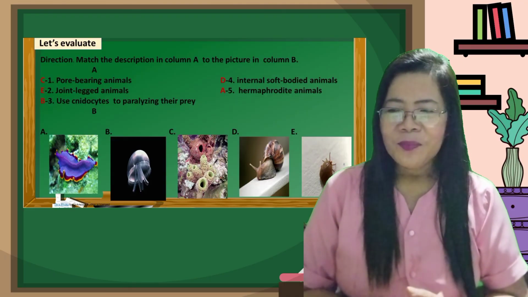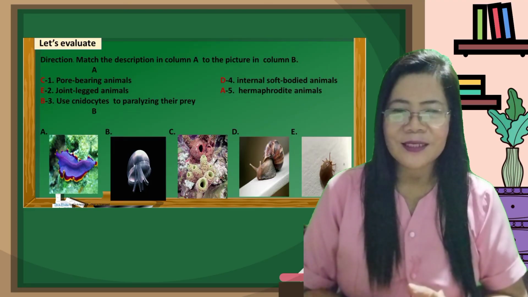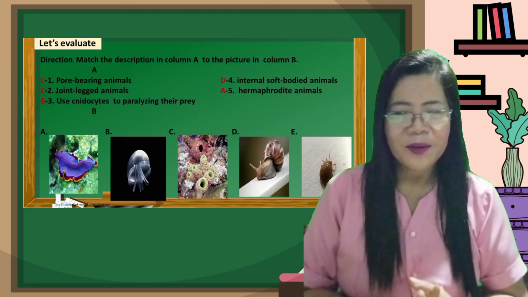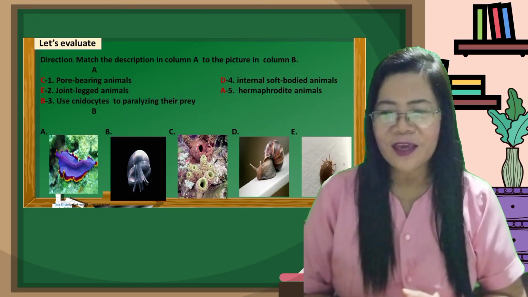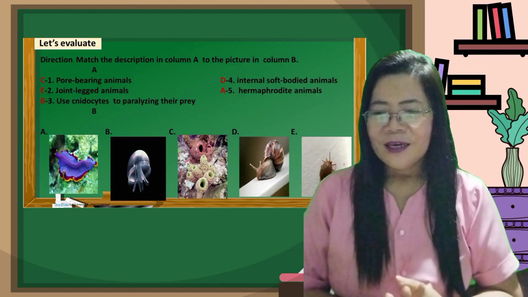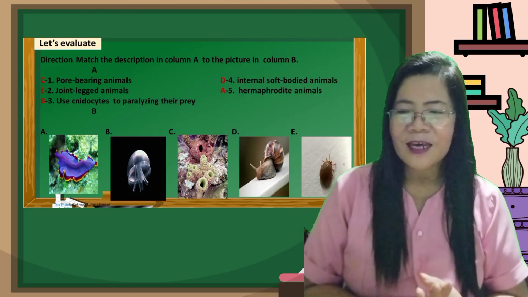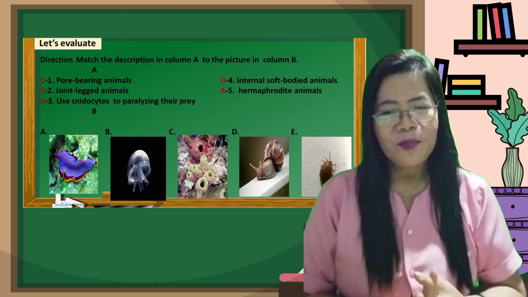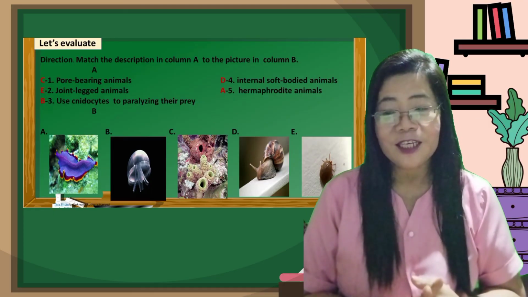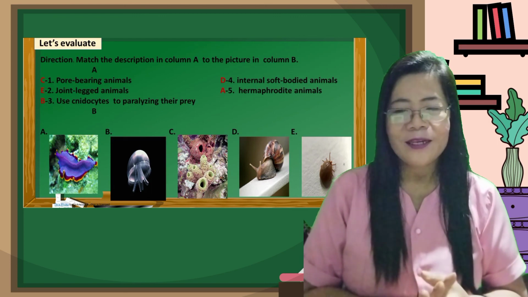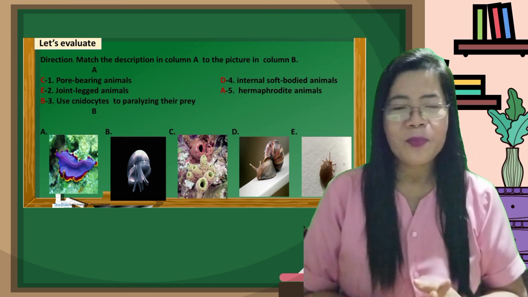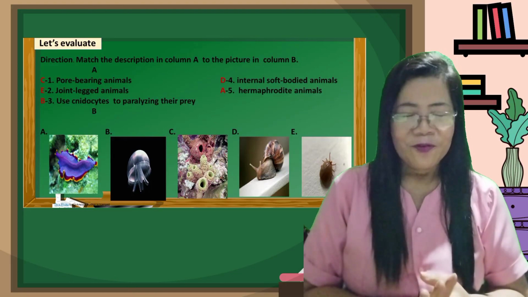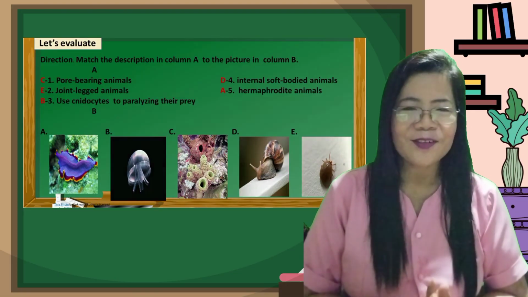Number 2, picture letter E, joint-leg animals. Number 3, letter B, cnidocytes are used to paralyze their prey. Number 4, picture letter D, internal soft-bodied animals. Number 5, letter A, hermaphrodite animals. Very good. Congratulations, children.